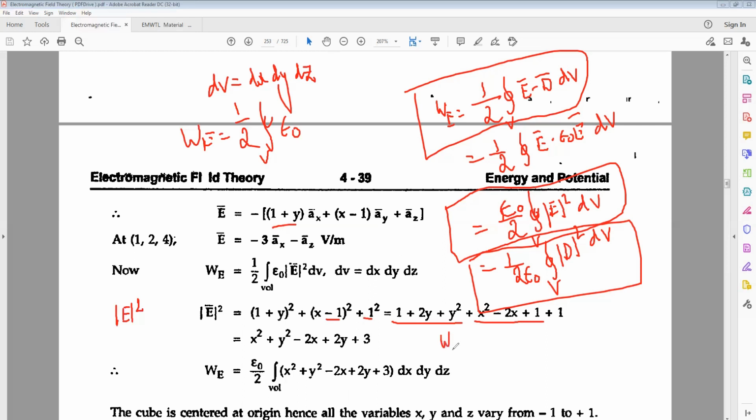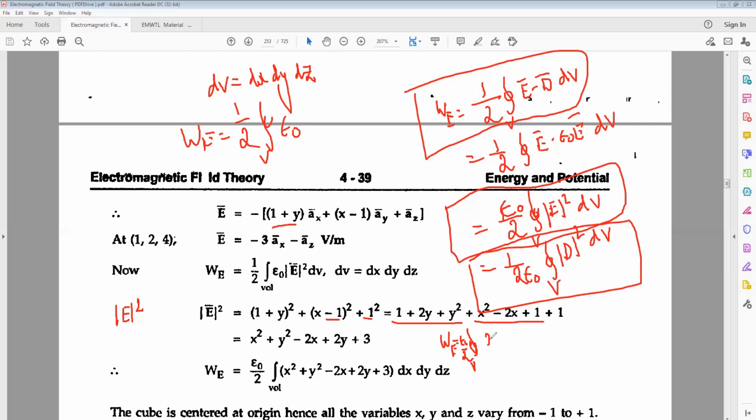So now apply the integration, the volume integral, with epsilon naught by 2 as a constant. With respect to dx, take the term x square. The cube is centered at the origin.